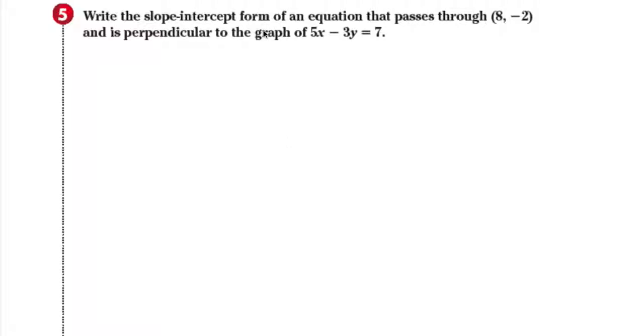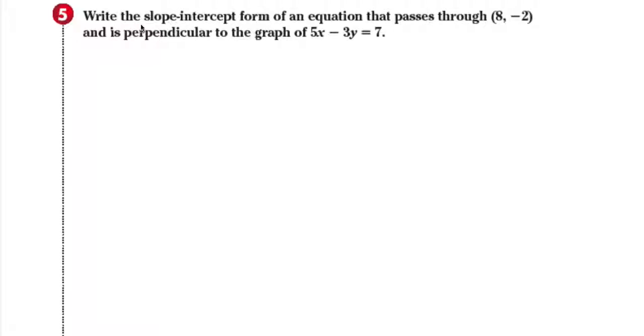number 2. In this one, write the slope-intercept form of an equation of a line that passes through (8, -2) and is perpendicular to the graph of 5x minus 3y equals 7. So again, let's visualize what we want to happen here.